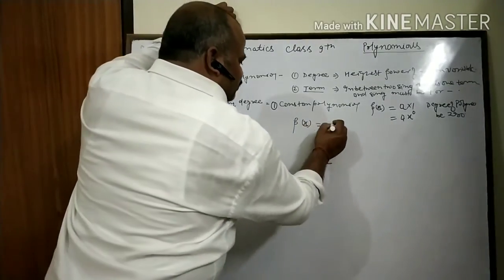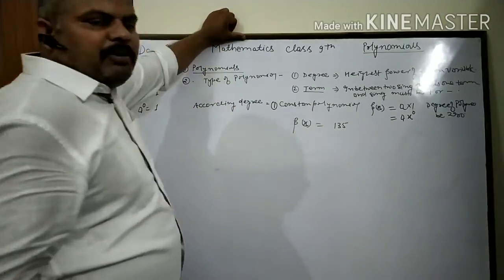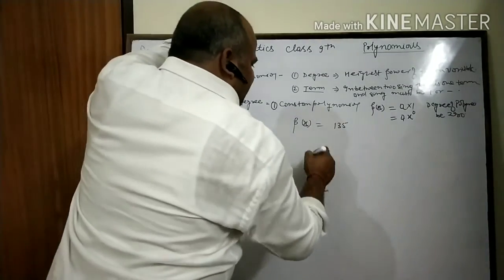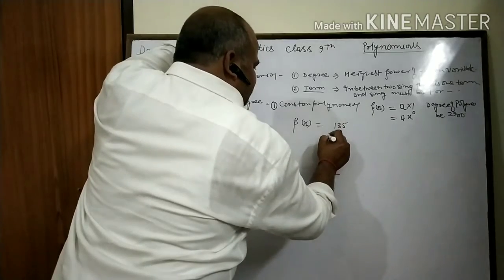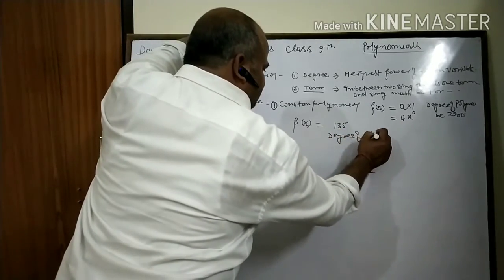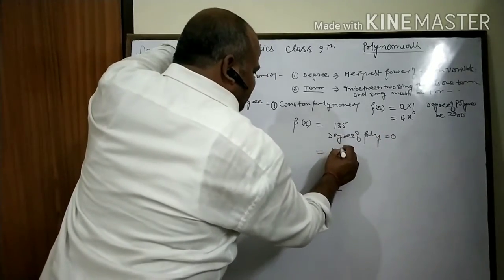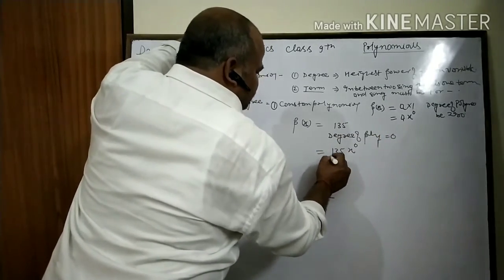Here p(x) is equal to 135. What is the degree of the polynomial? Then you say the degree of the polynomial is 0, because it is written 135 x to the power 0.